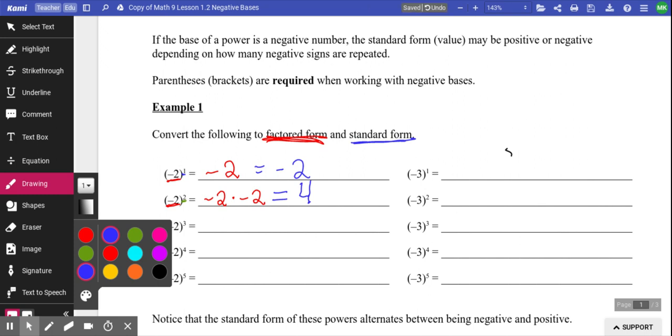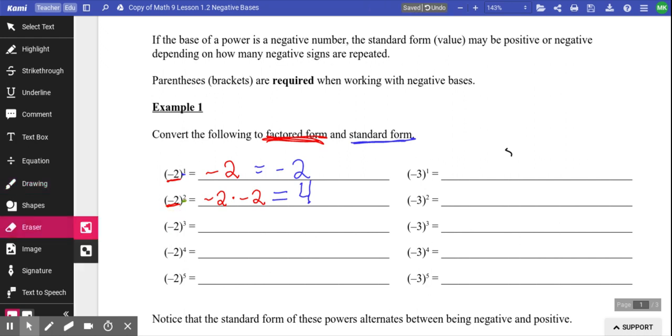If you want to try to use the exponent feature on your calculator, which is very convenient and easy to calculate things, you must put brackets around your base. So notice how if you look at our power form over here, they have -2 in brackets. You also need to put -2 in brackets if you want to use the exponent in your calculator. For me, my brackets are right here. That's where most people's are.